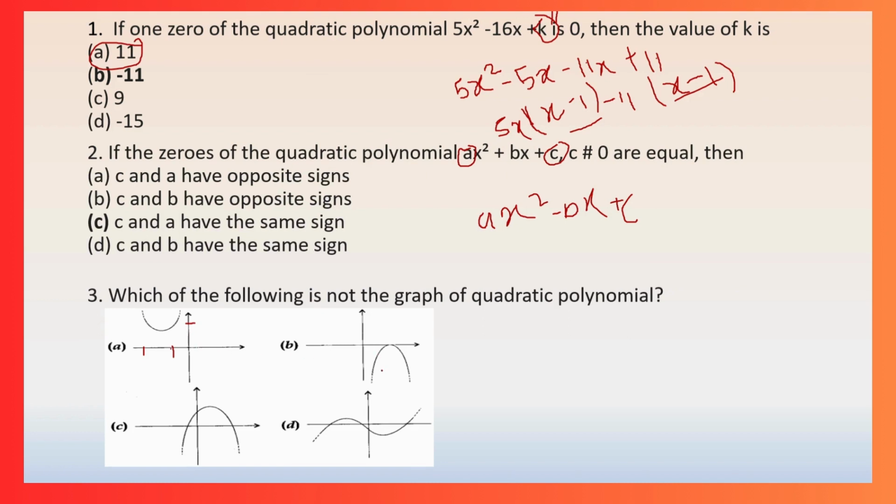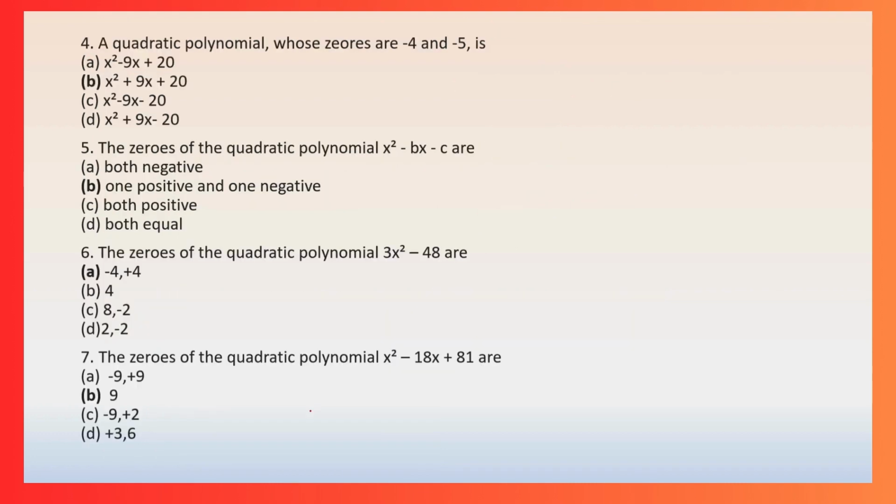In that case we have x values and y values, two x values and two y values. But here you can see it touches the axis 1, 2 and 3 times, so it is not possible. So D is the answer.